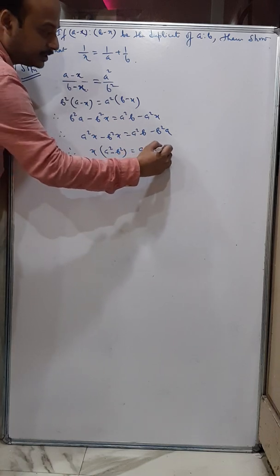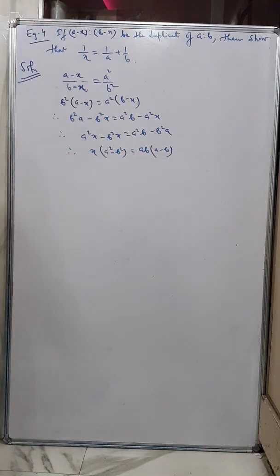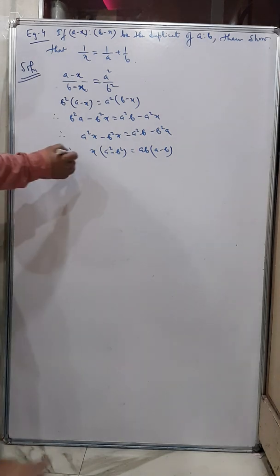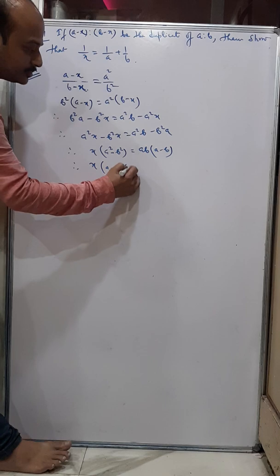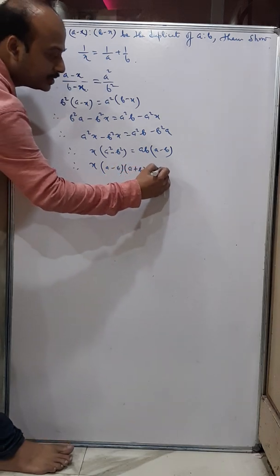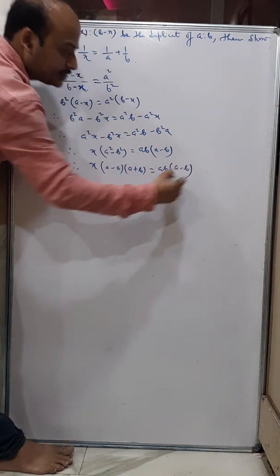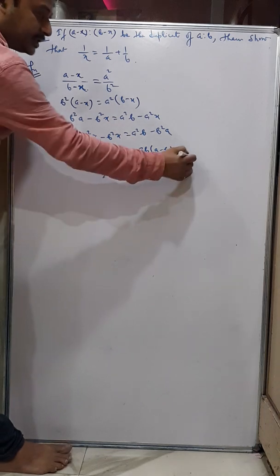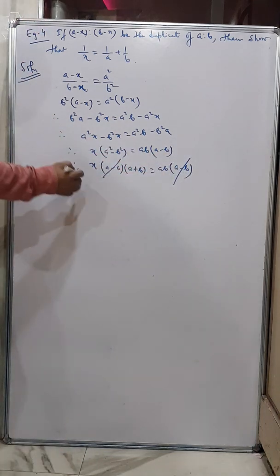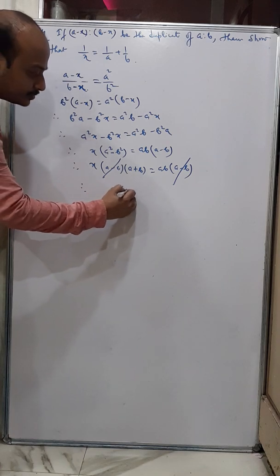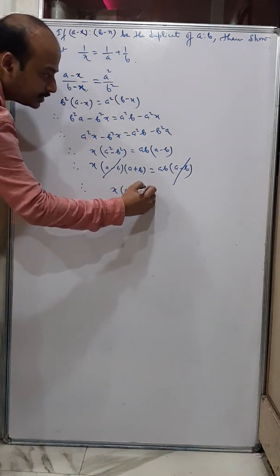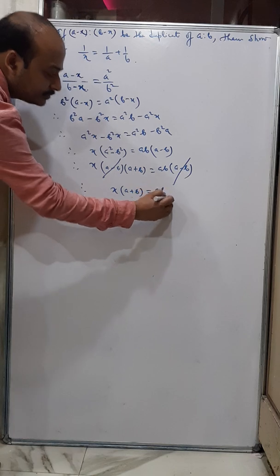So we get again a minus b. That means x, now this becomes (a minus b) into (a plus b), and that is ab into (a minus b). And understand this, a minus b will get cancelled. And finally I get x into (a plus b), which is equal to ab.